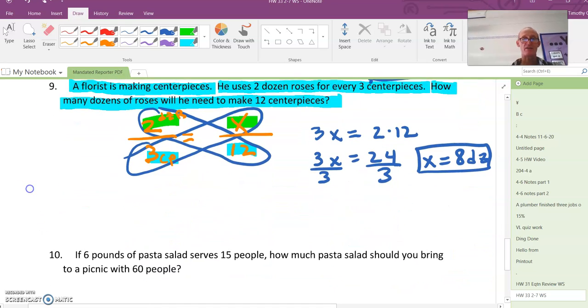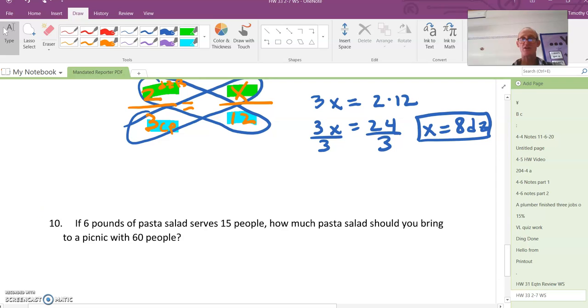Okay? All right, last problem on this answer key worksheet says if 6 pounds of pasta salad serves 15 people, how much pasta salad should you bring to a picnic with 60 people?